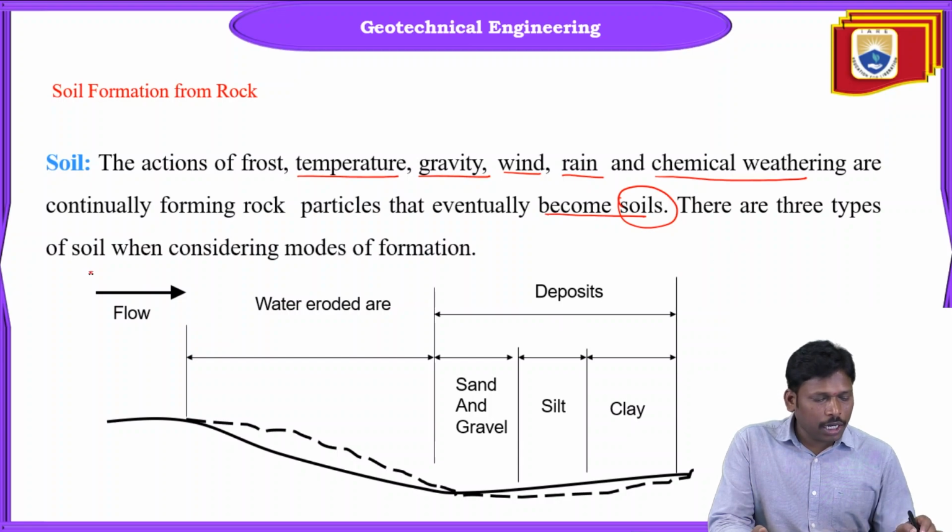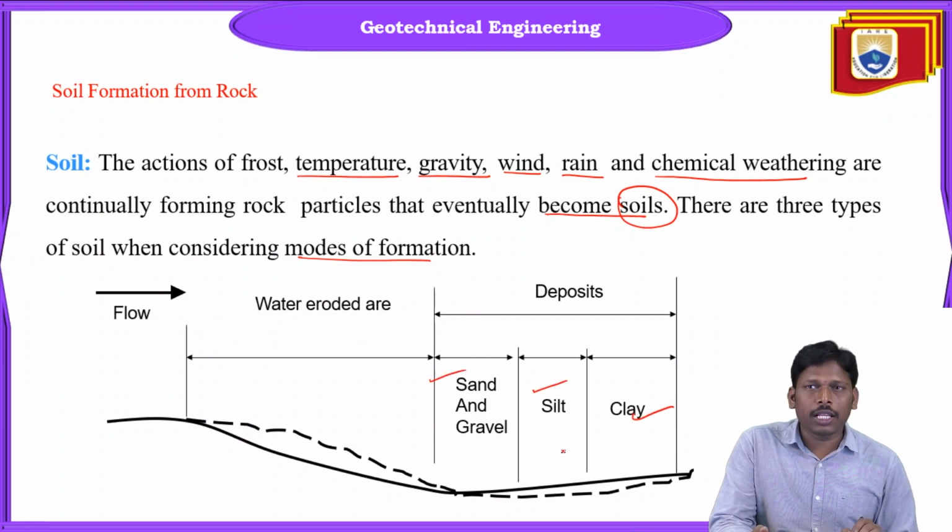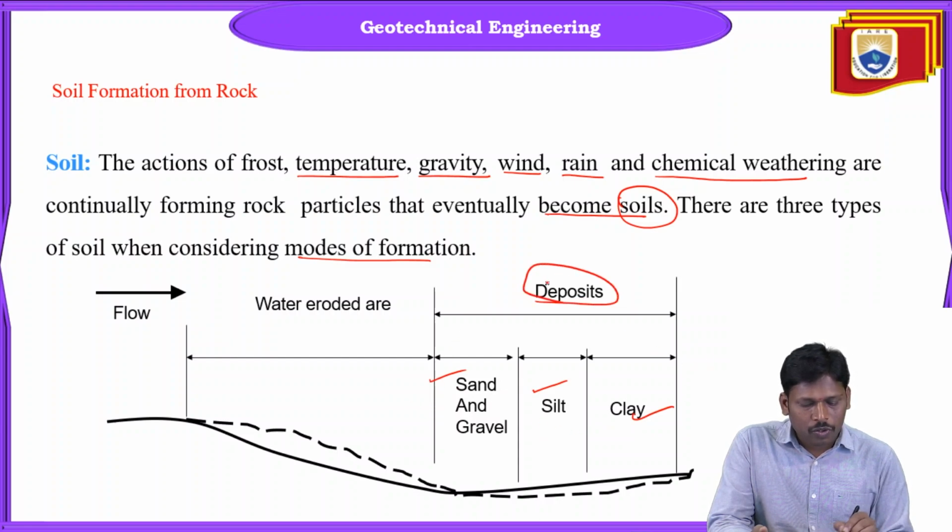So these are the three types of soils when considering the modes of formation: clay, silt, sand and gravel. These are the various soil deposits. They are formed due to the weathering process from pre-existing rocks like metamorphic, sedimentary and igneous.